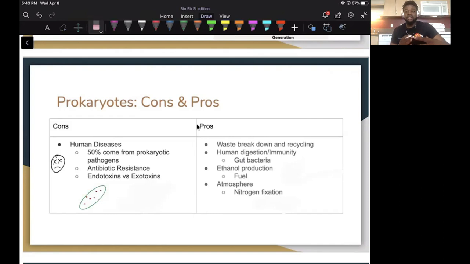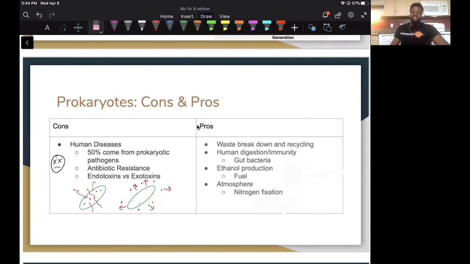So while they are living within the host, let's say a human body, they're not giving much significant damage to the host, but it isn't until they get lysed that the toxins are able to be released from the bacteria. On the other hand, when we're talking about exotoxins, these are bacteria that while alive continue to release the toxins and cause significant damage to the host during their actual stay in the host.